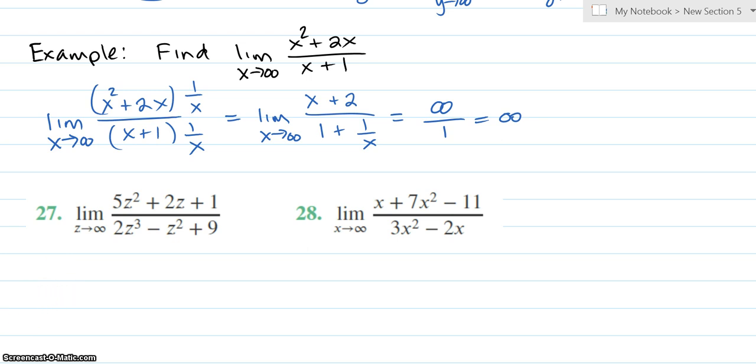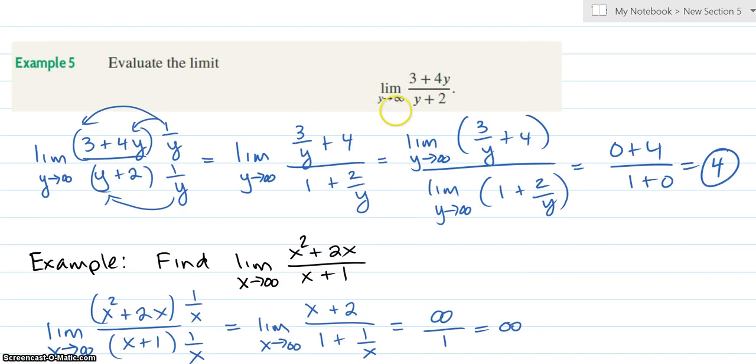And what do you think the answer is going to be? By the way, the higher power is now in the denominator. So my guess is going to look like a 1 over z, which is going to go to 0. Notice how the earlier one looked like an x, so it went to infinity. This one again was on the same level, so that's why it was 4.